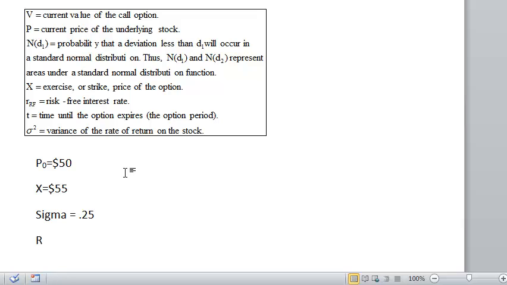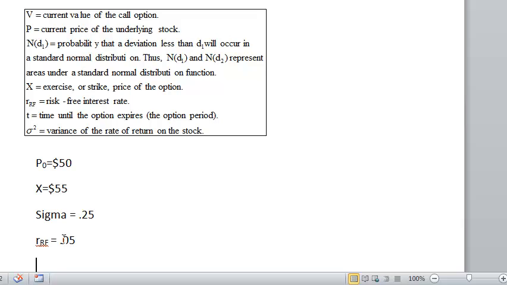And the risk-free rate is equal to 5%. Typically for problems like this, you want to match up the risk-free rate with the maturity of the option.